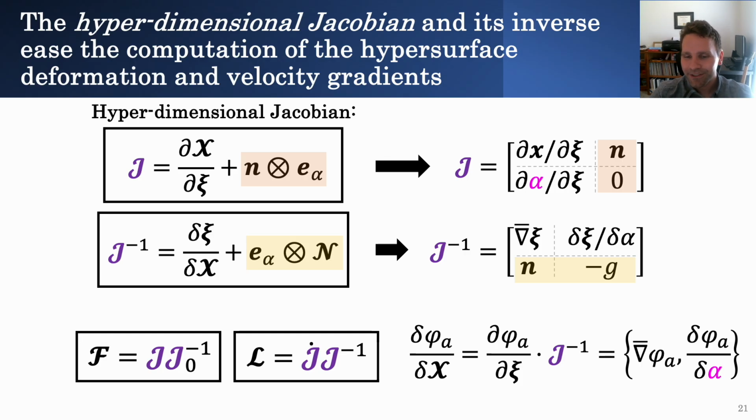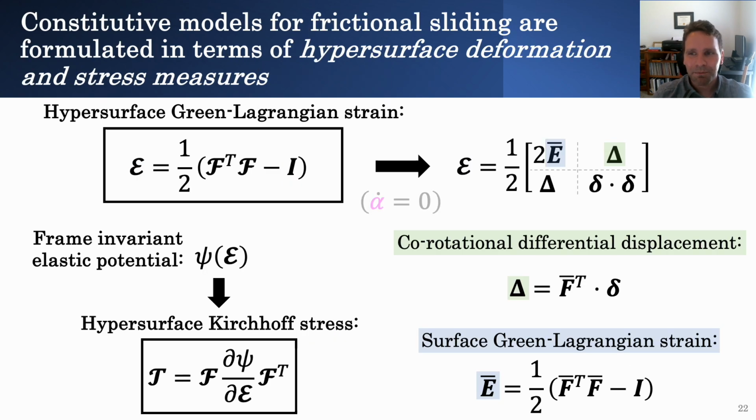Obviously, you can use this also to compute the hypersurface gradient of the shape functions, and that has various utilities, as we'll see momentarily. But the other cool thing that you can do, using that hypersurface deformation gradient, is define hypersurface deformation measures in analog to conventional continuum measures of deformation, like the Green-Lagrange strain.